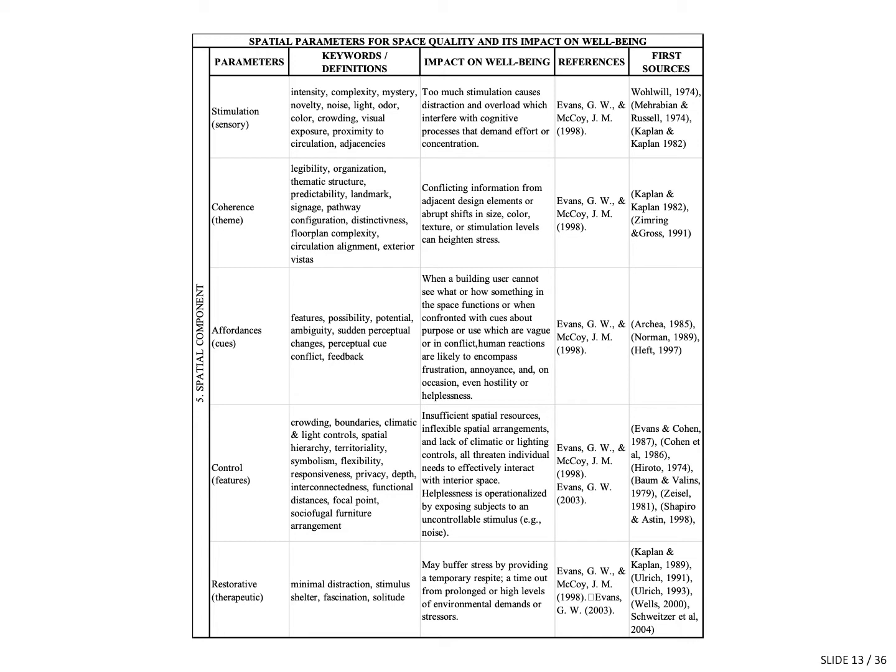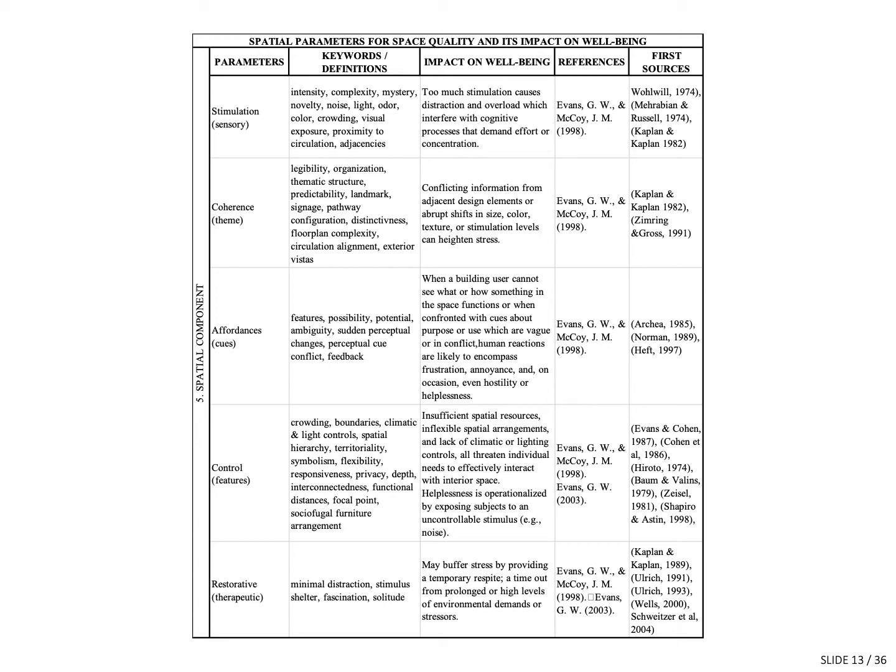Affordances in a space means cues about using the building features. So, when a user cannot see or perceive the usage of a building feature, it can cause frustration, annoyance, helplessness, and even hostility.